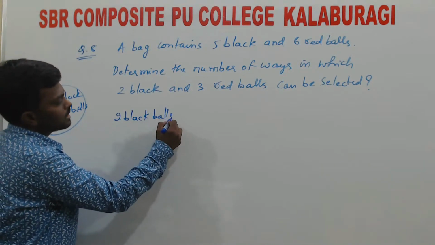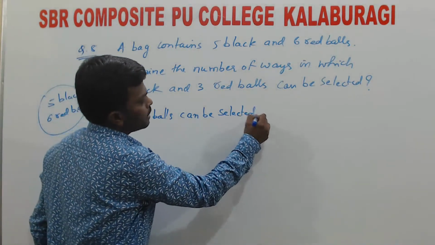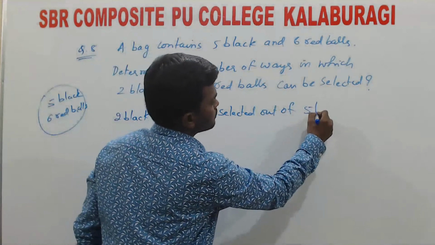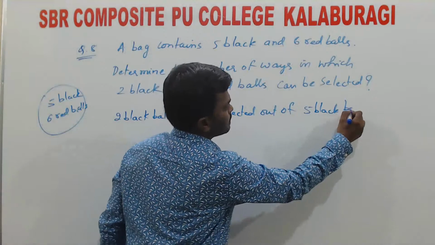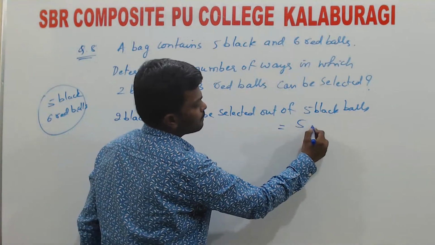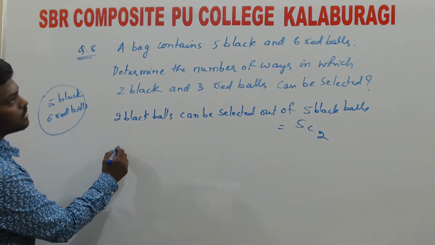Two black balls can be selected out of five black balls. What is the number of ways in which you can do it? 5C2 ways.